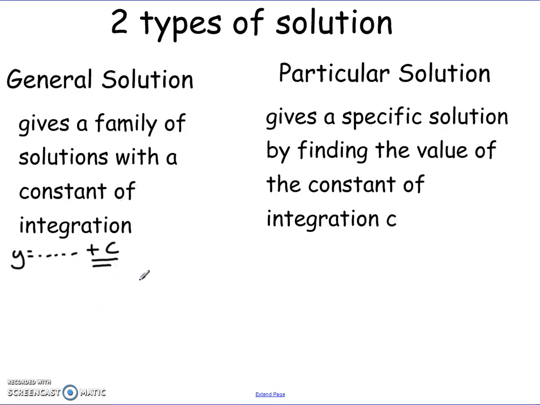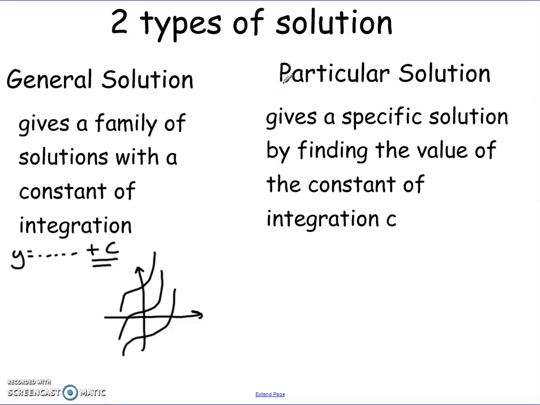When I say a family of solutions, you could imagine if we were to sketch these, we would know everything up to the plus c, but we wouldn't have a value for this. So depending on what value we chose, we would end up with a whole set of functions drawn, because we don't have a single specific value that we're working with.